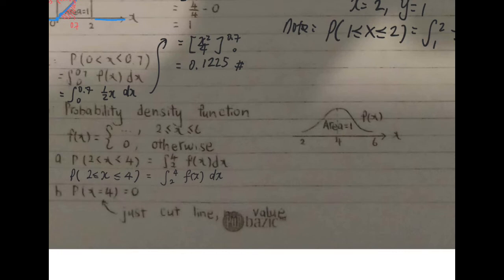The reason is kind of simple. Let's say in general the graph is like this. 2 to 4 is here. So the area under the graph is this. If you include the 2 as well as the 4, you include this line and this line. The area is this size, and this vertical line is also included.